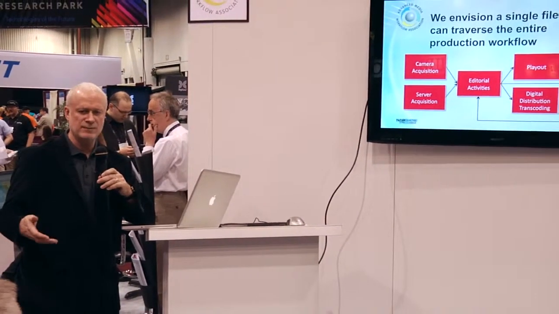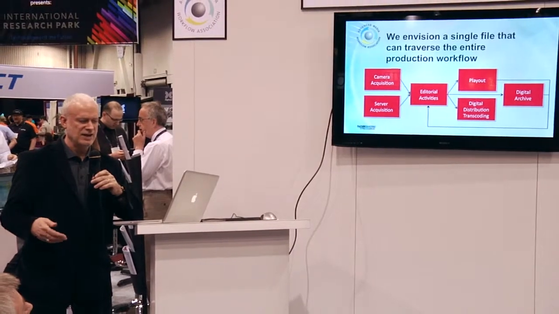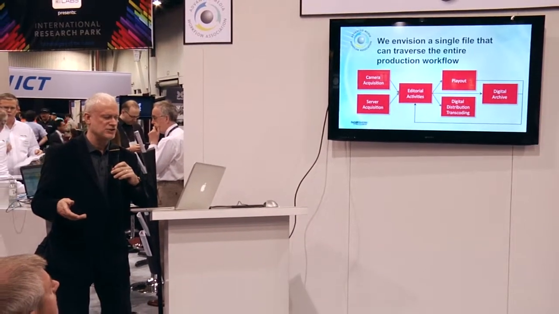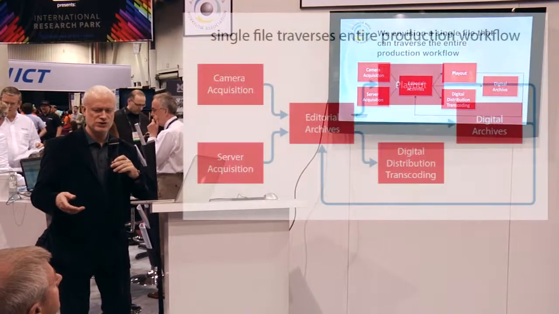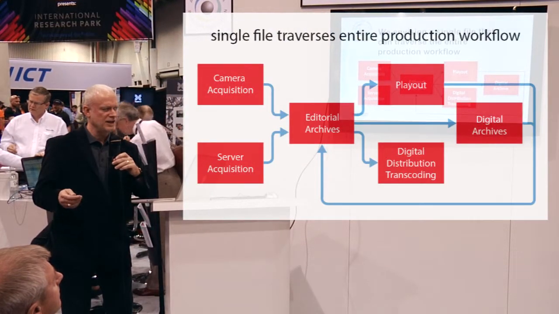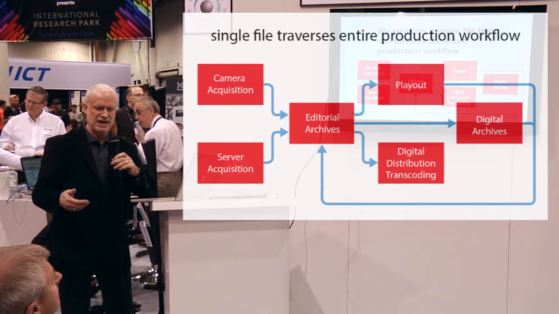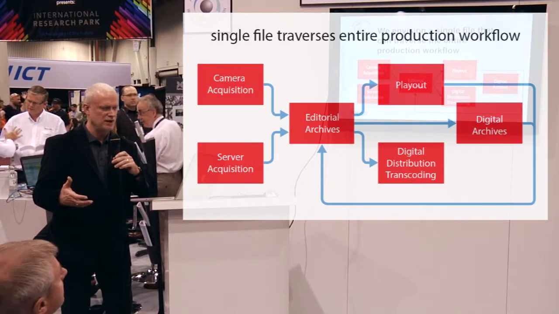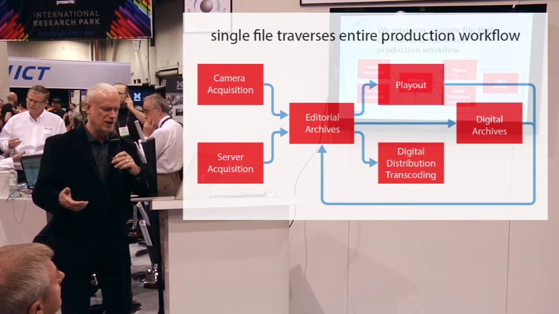So we came up with the AS10 specification, and what we envisioned was this single file that could traverse through the entire production workflow. And there would not need to be any type of manipulation of that file. It could be through camera acquisition, through server acquisition, go into the edit server, and editors could then edit that media without having to do anything beyond pulling the media onto the timeline.